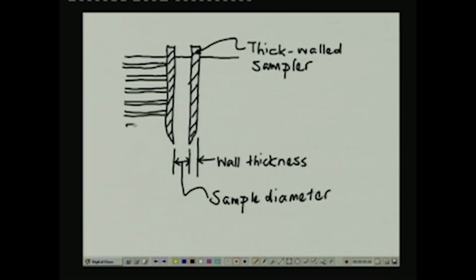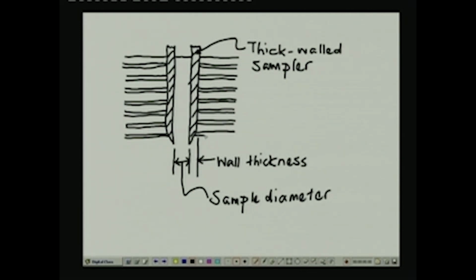If you recall, a varved deposit has laminations of two different types of soils like that, and in this case typically it is alternate layering of clays and silts.